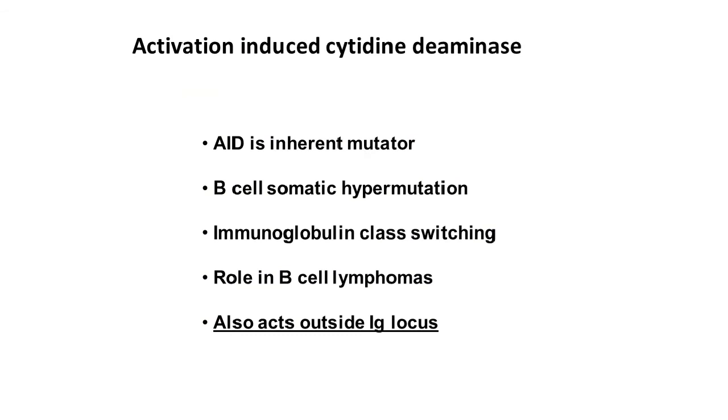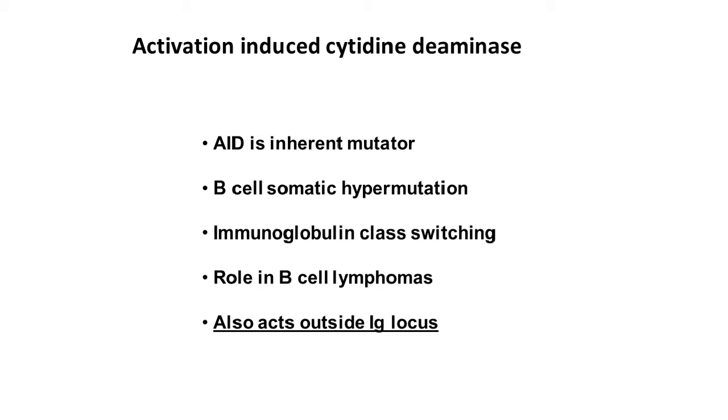Before I go into the details of my work, I would like to discuss a little bit about activation-induced cytidine deaminase. As I have said before, it is an inherent mutator that can convert methylcytosine to thymine, or unmethylated cytosine to uracil.